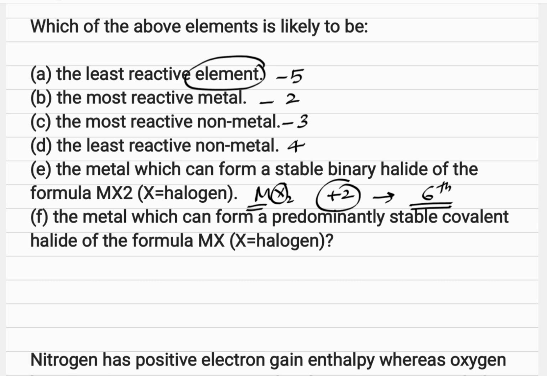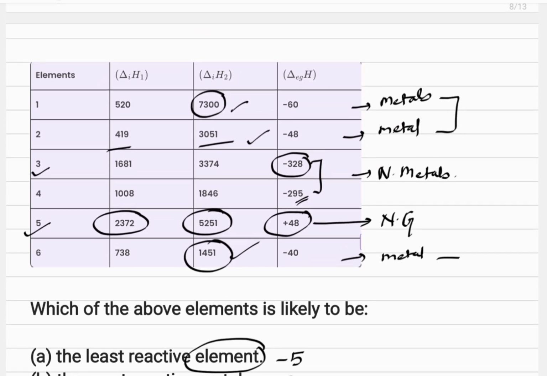The metal which can form a predominantly stable covalent halide in the form of MX. So that means this is the metal which has to have +1 charge. That means it must be willing to lose just 1 electron but not the second electron. And covalent, that means it can have high ionization energy as well. So our answer is first. Because the first element has very high second ionization energy.